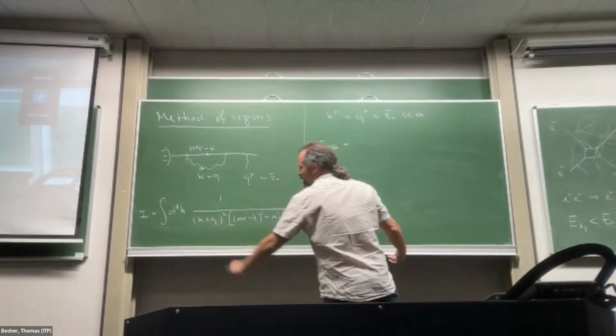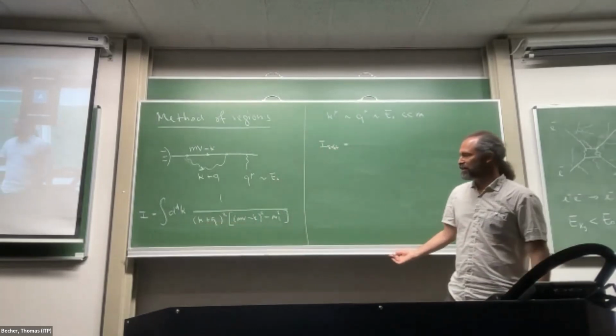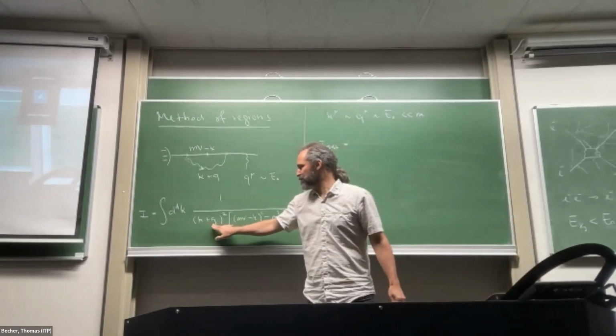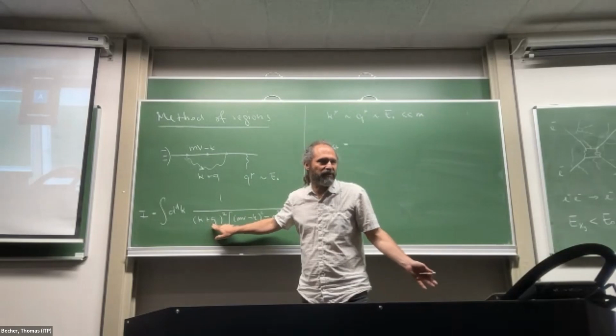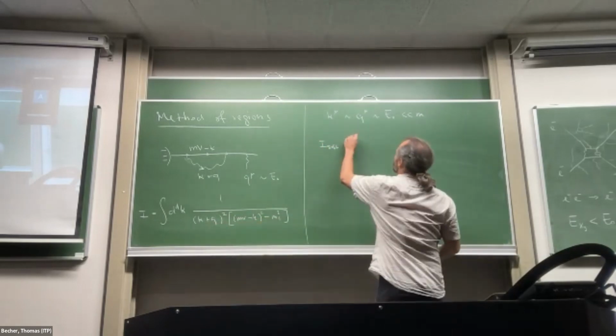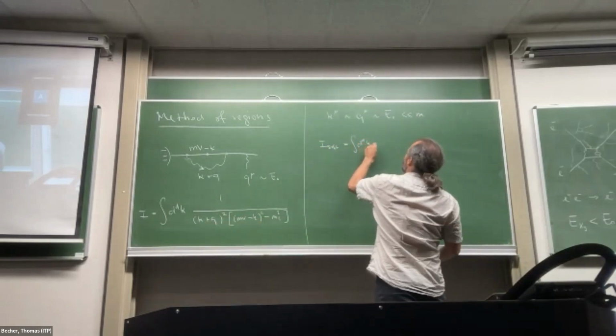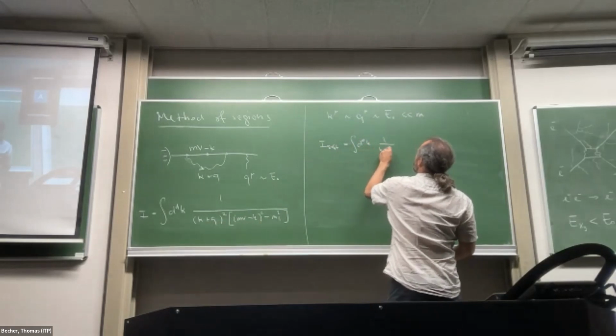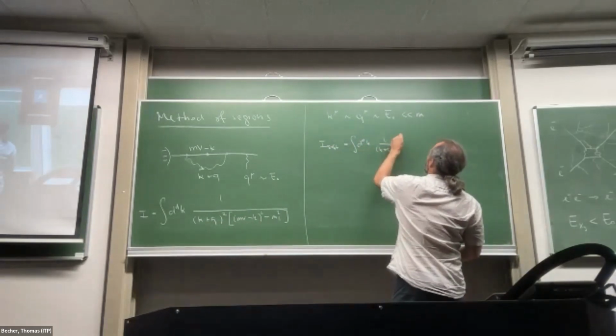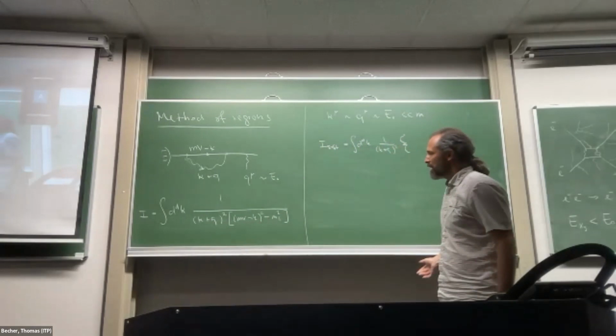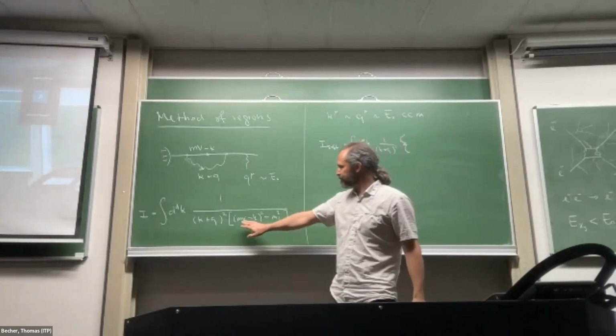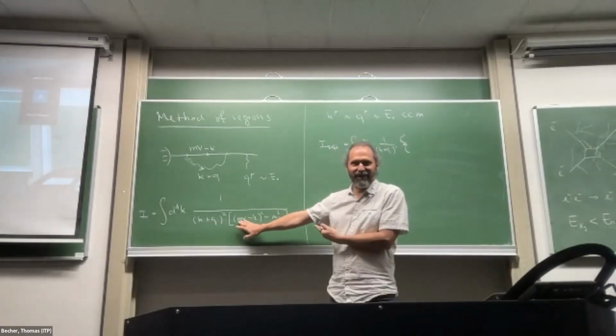The first denominator, there is nothing to be expanded. K plus Q, both of the same order. So the integral over K plus Q squared. Then in the second denominator, this is actually exactly the expansion we did yesterday.